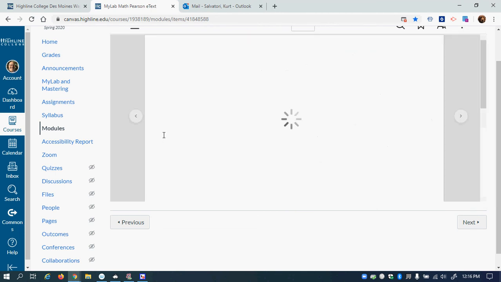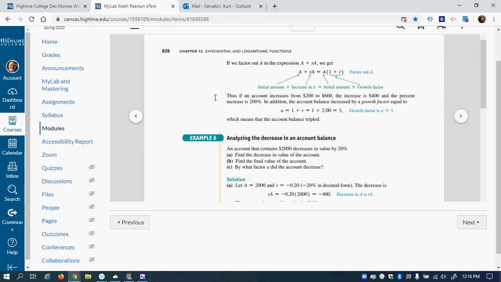This is important, so go through this a few times. Again, the final equation is A plus RA, but we can distribute out the A to get A times 1 plus R. This is how the equation comes about.